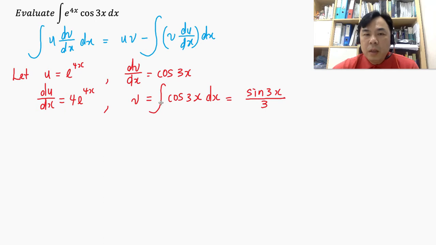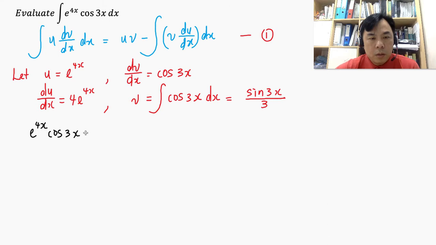Now, once we have obtained the initial setup, we are ready to substitute all this into our integration by parts formula. So this is our formula, right? How are we going to make use of this? Since we have already assigned u to be this, we can write down the integral of e to the 4x cosine 3x dx. That is the integral that we're going to evaluate here.